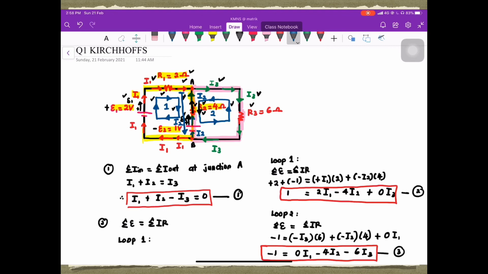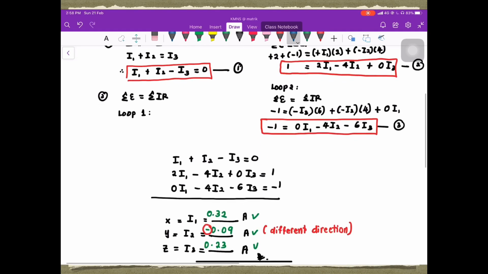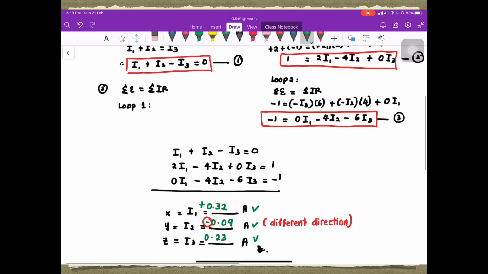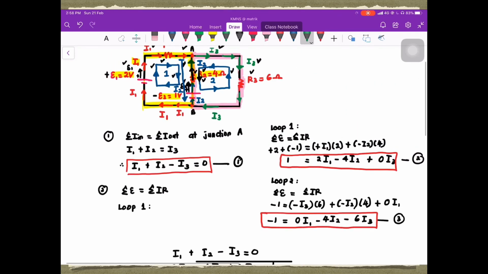What is the meaning of positive 0.32 ampere and positive 0.23 ampere? It means I1 is in the correct direction, and the same with I3: I3 is in the correct direction.